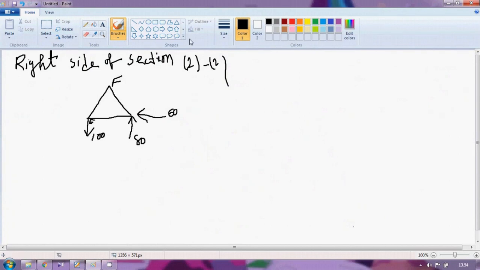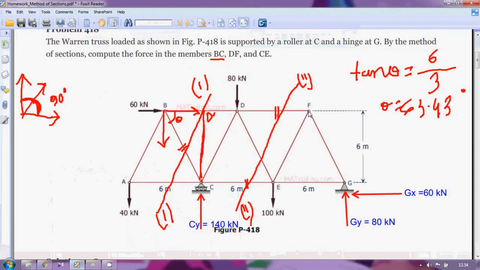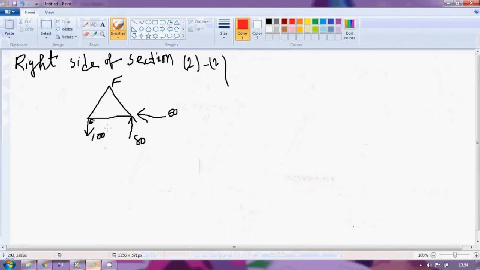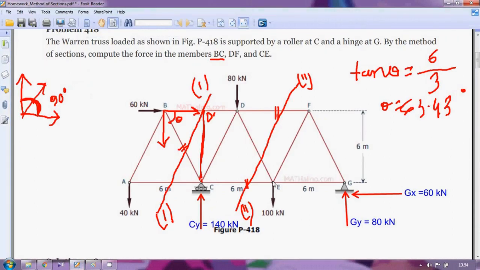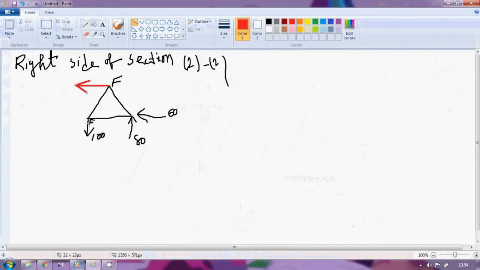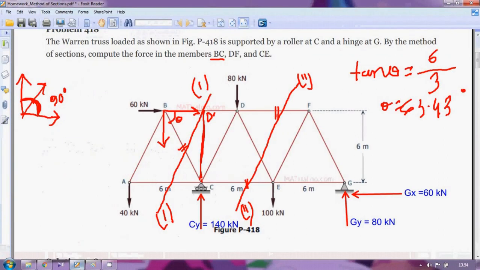So now what forces will come? If you look, we can see that this member force FDF will come. We will assume it as tension. Then this force FCE, and another force FDE.